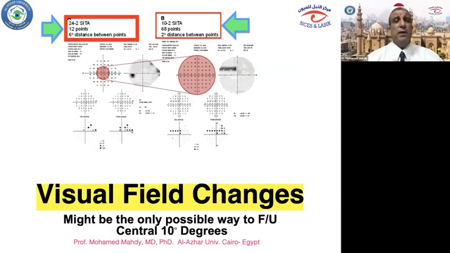If we are using the 24-2, we are examining 12 points, which are 6 degrees apart, as you see here. If we use the central 10 degrees, we are examining 68 points with 2 degrees apart, with a more detailed examination, as we could see, and what we are missing in the standard visual field.